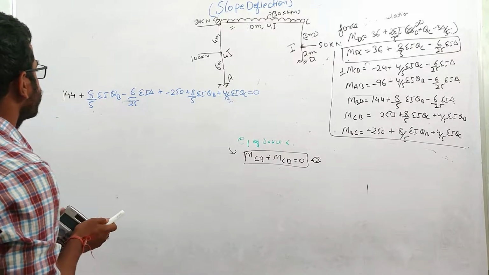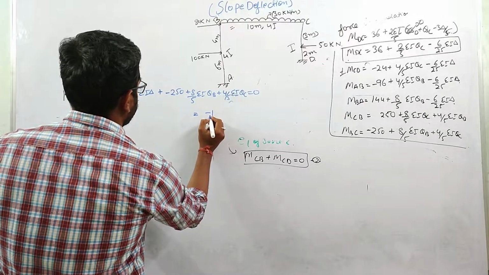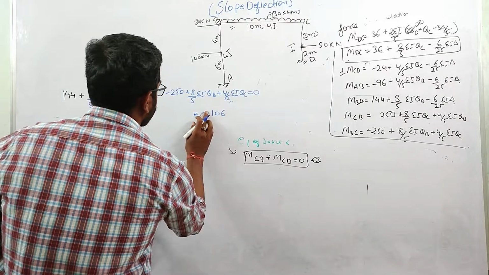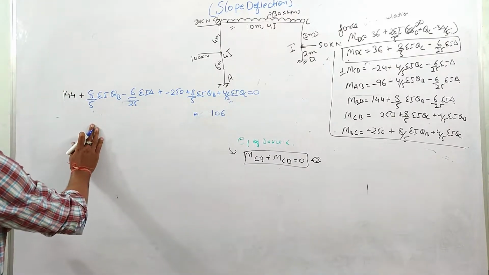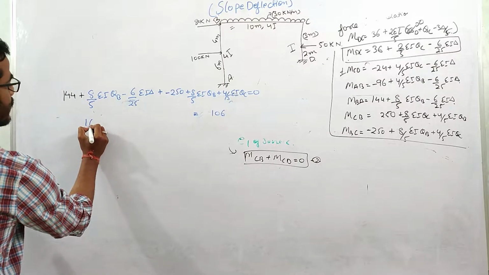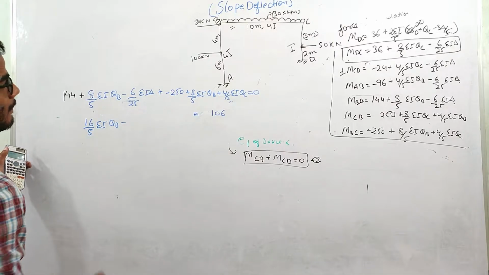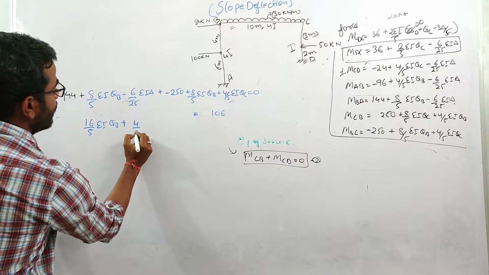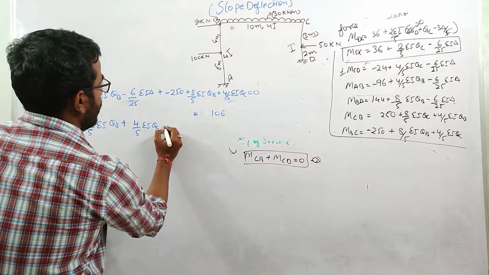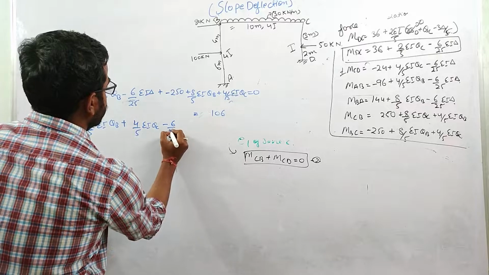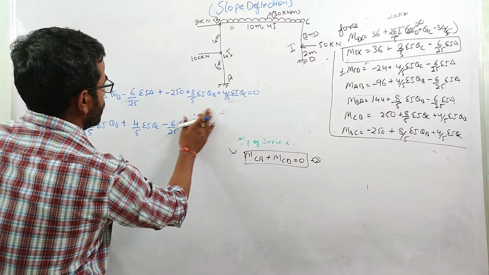So I can write here, minus of this is 106. So 8 by 5 plus 8 by 5 will be equals to 16 by 5 EI theta B plus 4 by 5 EI theta C, right, and minus 6 by 25 EI delta is equals to 106.